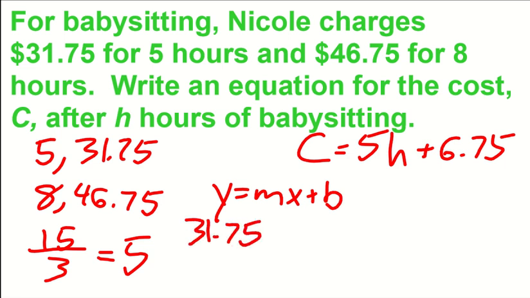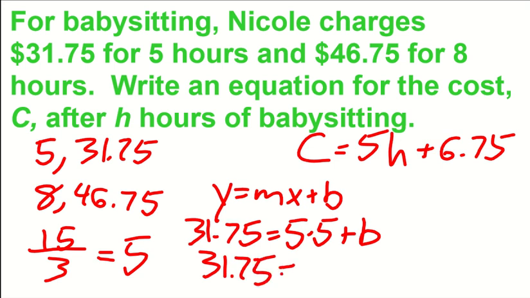None of these are exactly easy numbers to work with, so I would usually just go with the smaller number. So we got 31.75 equals 25 plus b. You just subtract 25 then, and that's where the 6.75 comes from. All right, any questions on this?